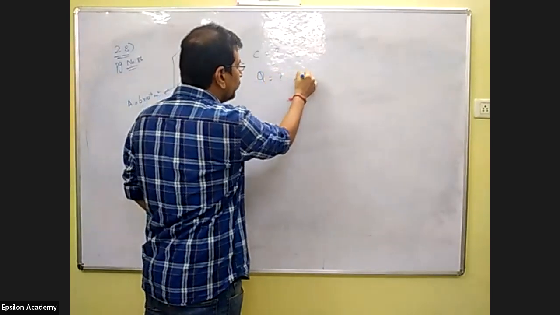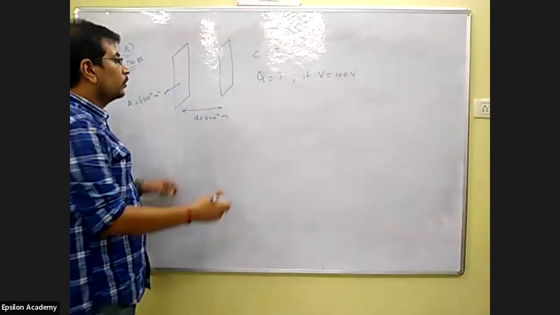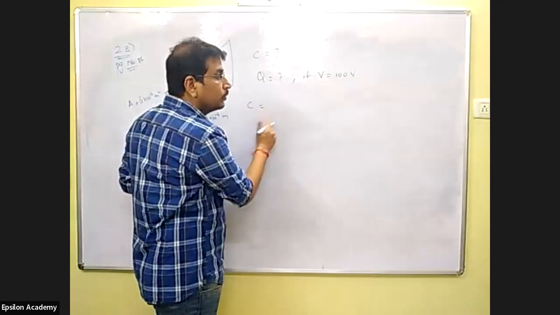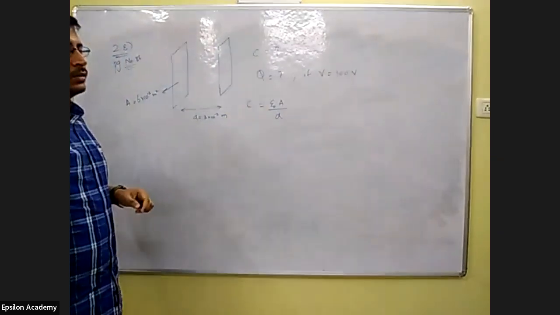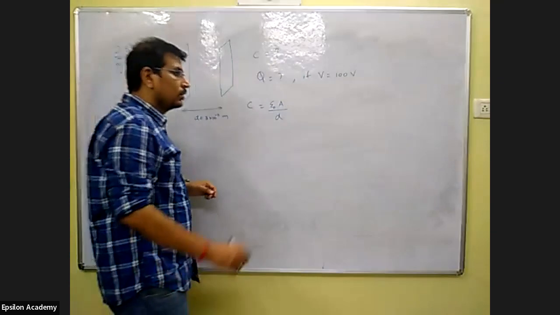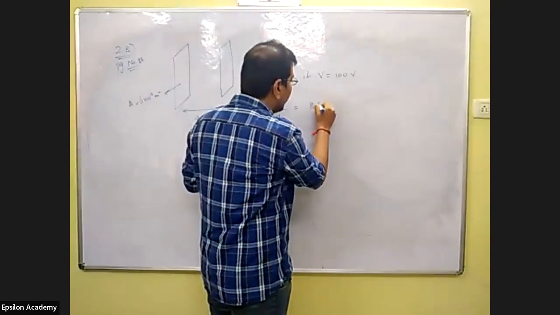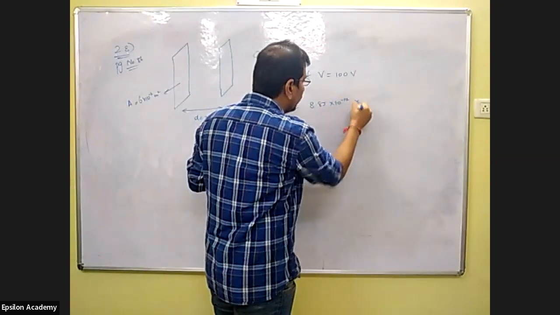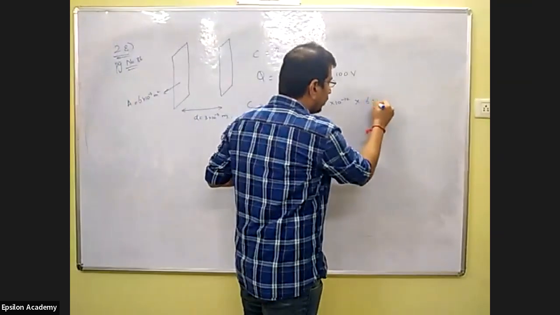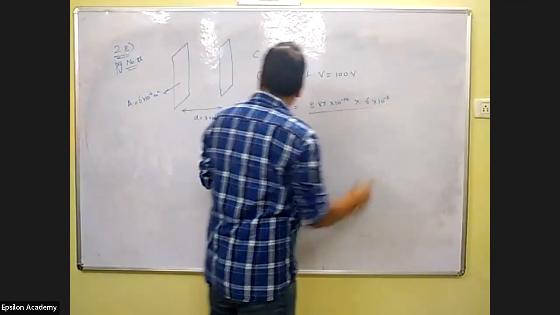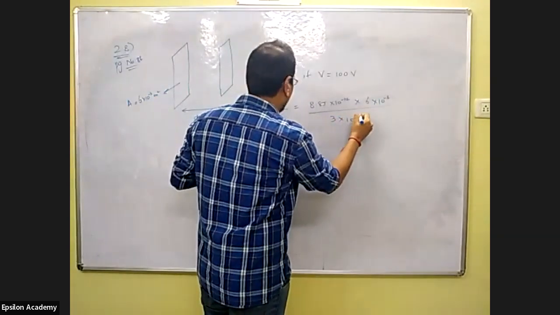Q is equal to what, and V is equal to 100 volt. Correct? Okay. So how to calculate the capacitance? C is equal to epsilon naught A divided by d. So epsilon naught A divided by d, which is 8.85 into 10 power minus 12 into what is the area? 6 into 10 power minus 3 divided by d. d is 3 into 10 power minus 3.